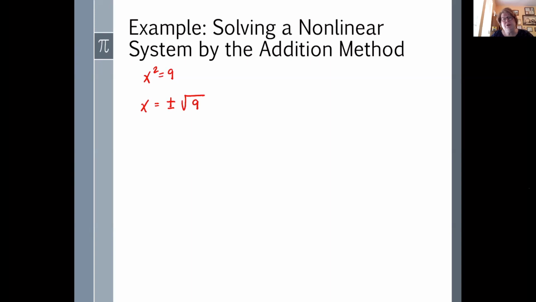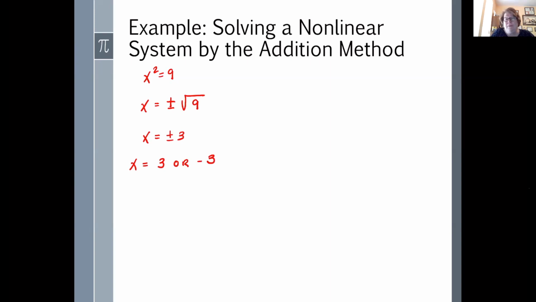Remember, there are two numbers you can square and get 9. One of them's positive and the other's negative. You can always square two numbers to get a positive number, one negative, one positive. So what do I get? Plus or minus 3. So x can be 3 or x can be -3.